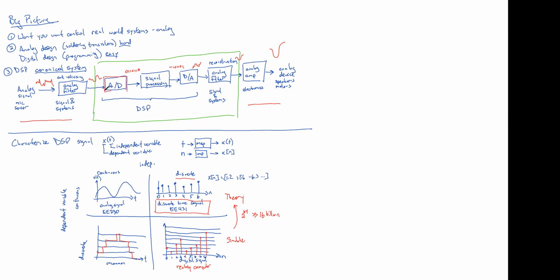I did a quick simulation to show that it was that limitation causing the problem. Then I purchased a 24-bit converter instead of a 16-bit, and the problem went away. So that's the difference between continuous time and discrete time. This is a discrete time signal processing course. Even though we call it digital signal processing, it's really discrete time signal processing.